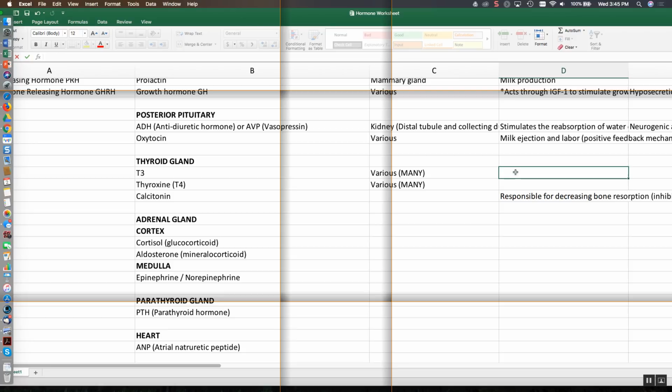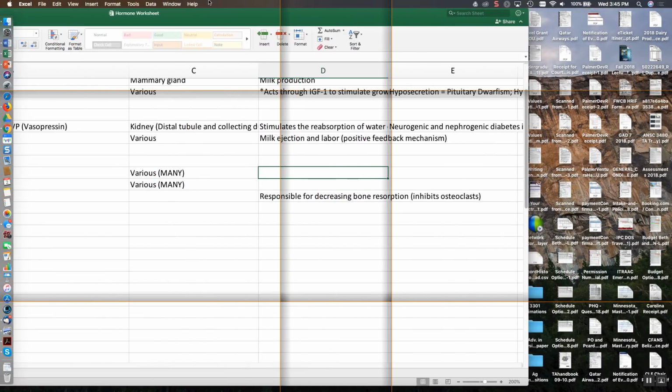Perfect. So what it does is it sensitizes the cell to epinephrine, right? It makes it much more sensitive to epinephrine, which increases metabolism by increasing cellular respiration and oxygen consumption.